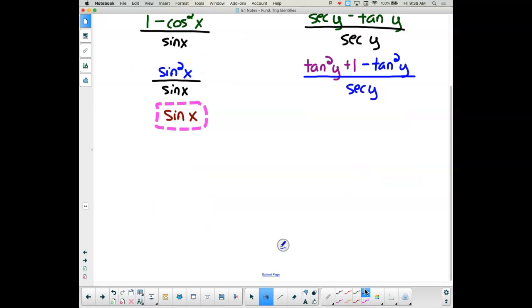That gives me just 1 over secant. 1 over secant is like 1 over cosine, which is just cosine.